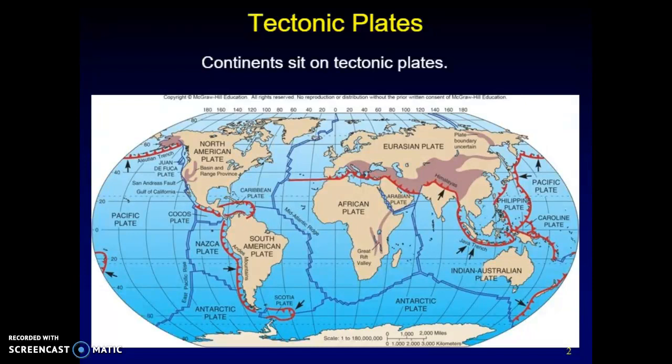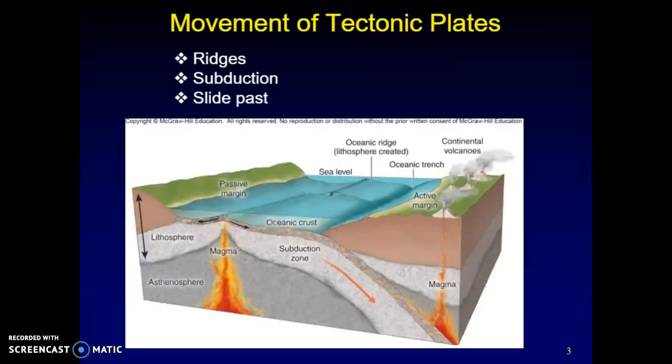These plates are all bordering each other, and they are constantly moving. Sometimes they slide past each other, sometimes they run into each other, sometimes they go under each other. And this is what creates various types of environmental events, like earthquakes and tsunamis and things of that nature.